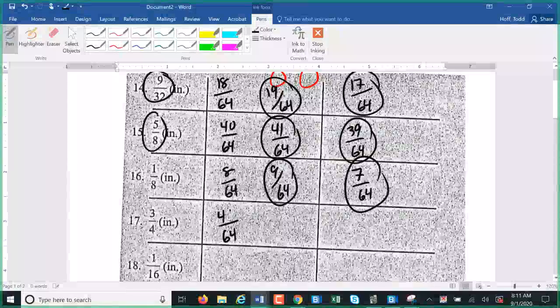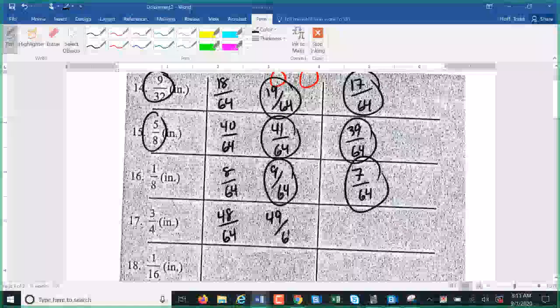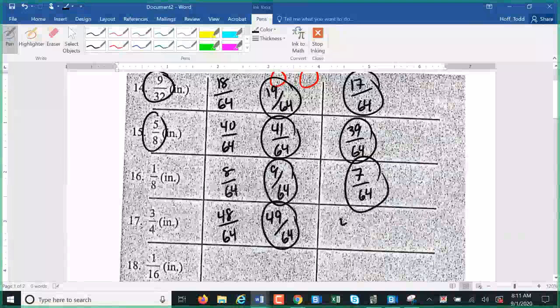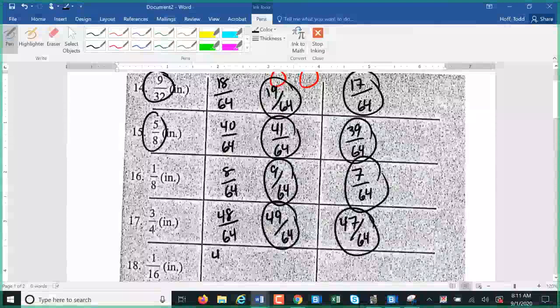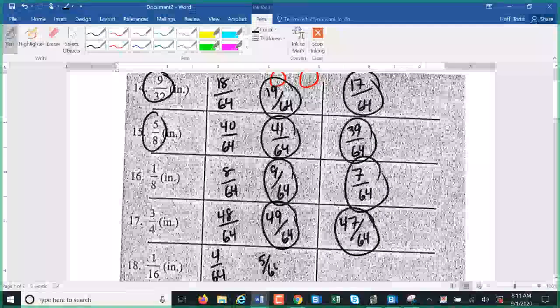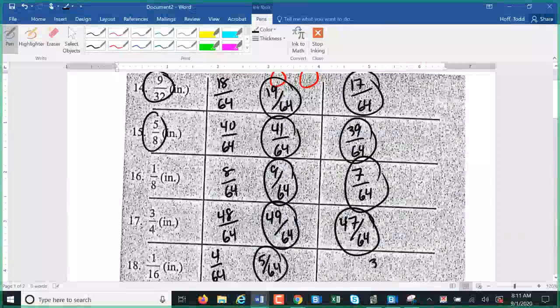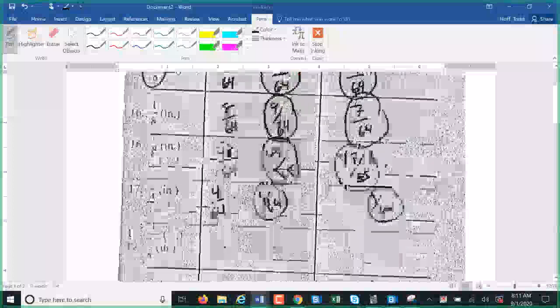So 3 times 16 is 48. So the next larger size is 49/64. Next smaller is 47/64. And finally, 1/16 is 4/64. So the next size up is 5/64ths. Next size down is 3/64ths. Any questions there?